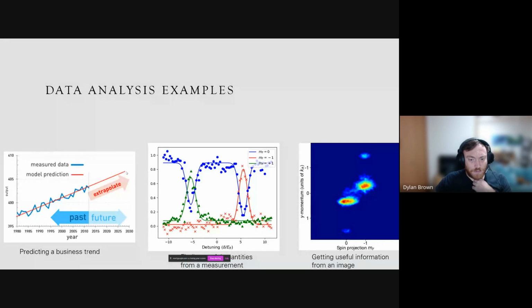Another type of data analysis, which I personally do a lot of, is where you have some measurement that you've made in a lab or somewhere. You have a collection of data. In that case, it's those blue dots, the green triangles, and the red crosses here that are some measurement that we've made.